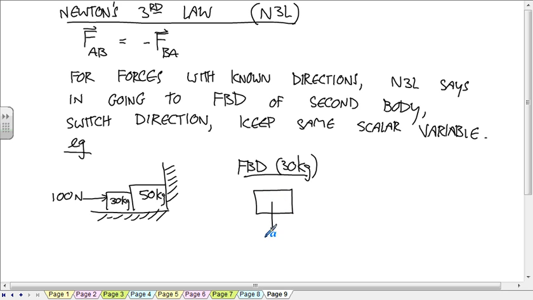You have the weight of 294.3. We can assume that all of this is frictionless.